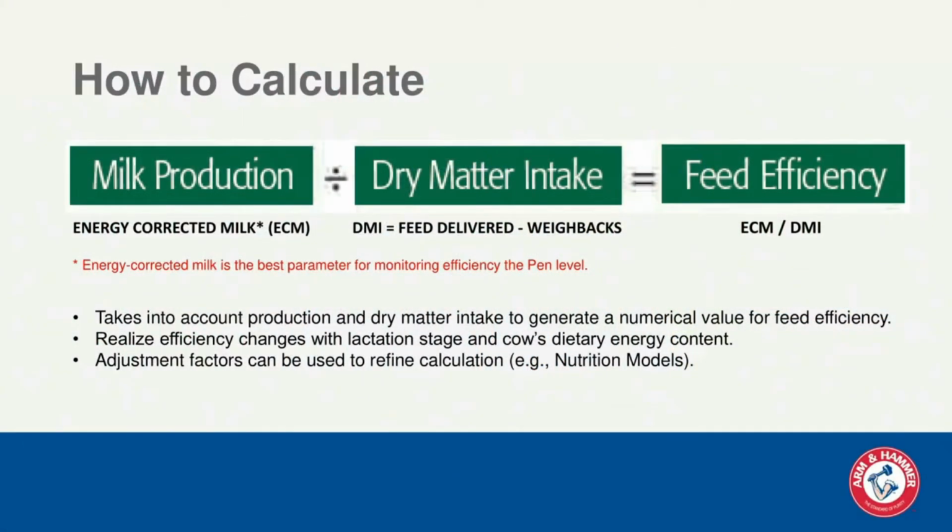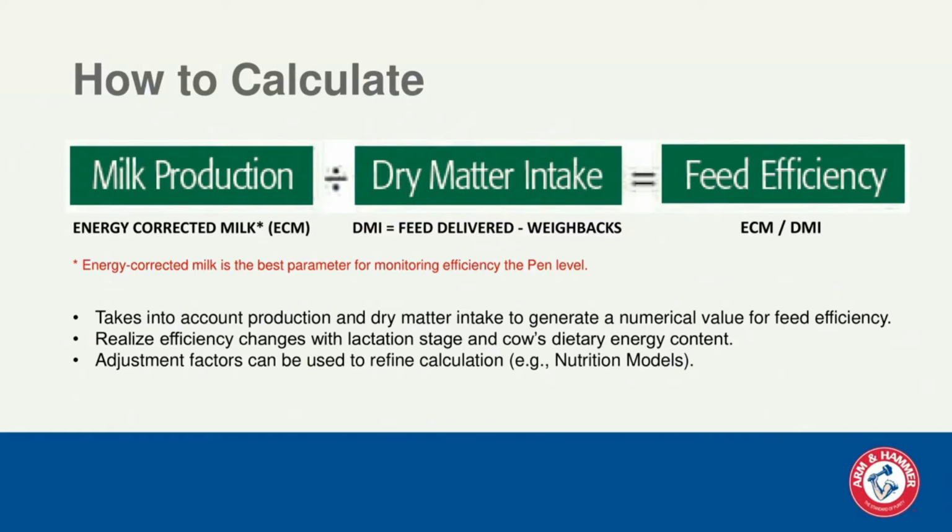It realizes that efficiency changes by stage of lactation. In other words, as cows are grouped either by days in milk or by reproductive status, which at some point defaults to days in milk, their dietary energy requirements change, and that feed efficiency number will change with it. And there are also different adjustment factors we can use if we want to get more intricate with the calculation.